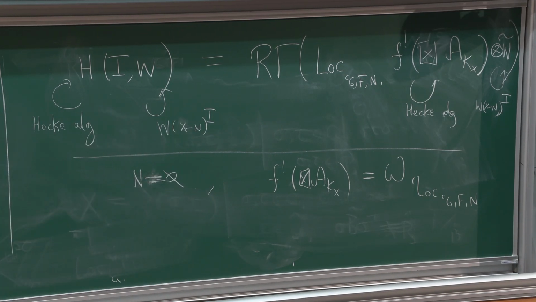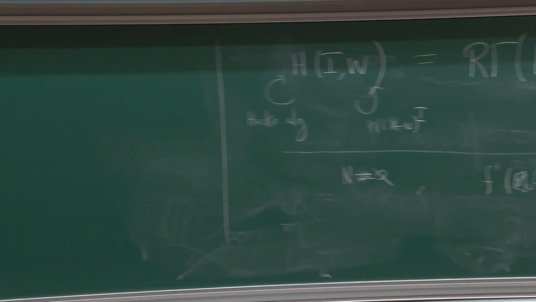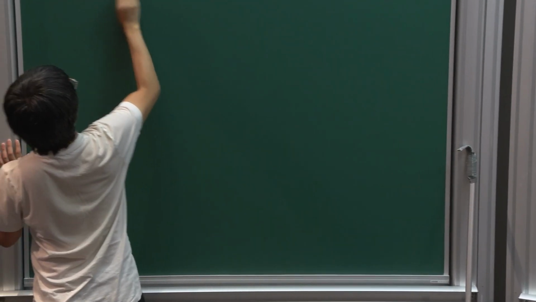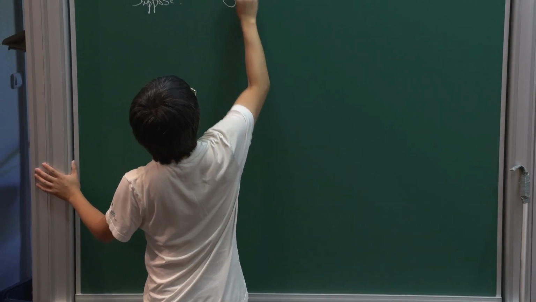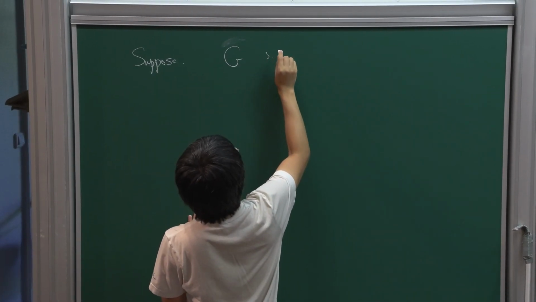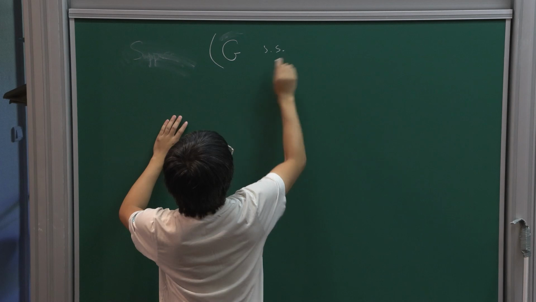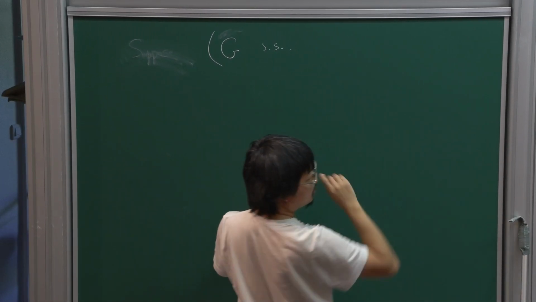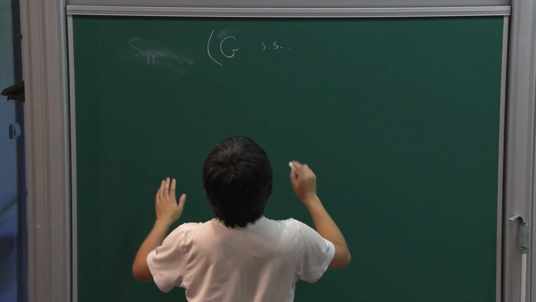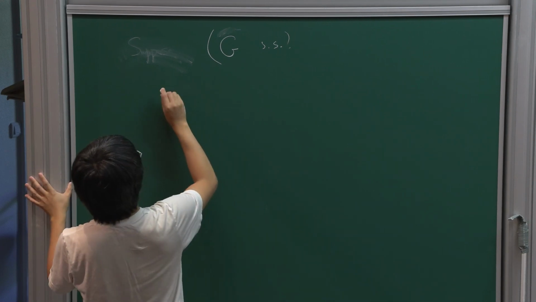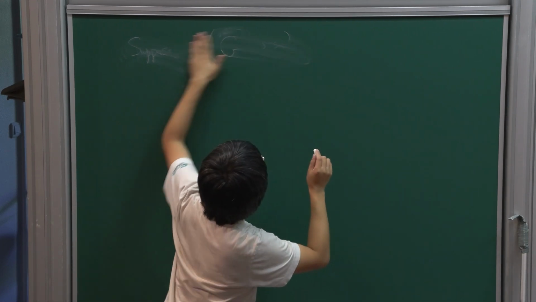So suppose, for simplicity, I will assume this Ĝ is semi-simple. Actually, no need to assume semi-simple.